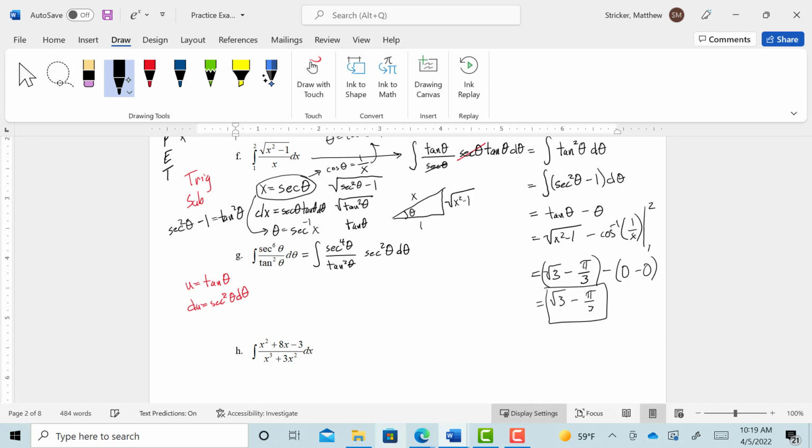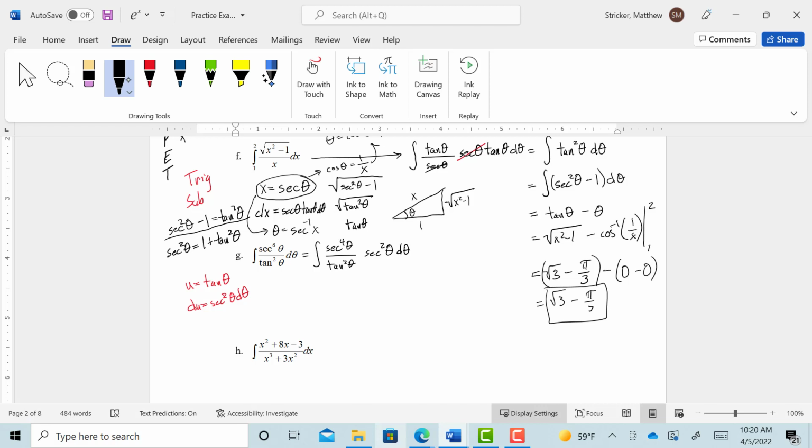So let's see if this works out. If this is the case, then we're going to have to convert secant to the 4th to also be in terms of tangent. Remember, up above we used secant squared minus 1 equals tangent squared. Well, that means secant squared theta is equal to 1 plus tangent squared theta.